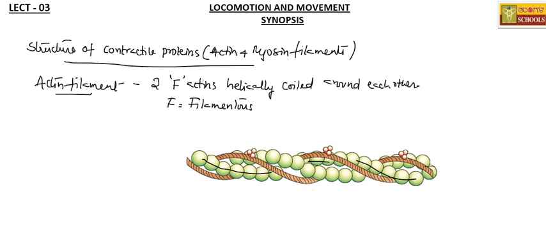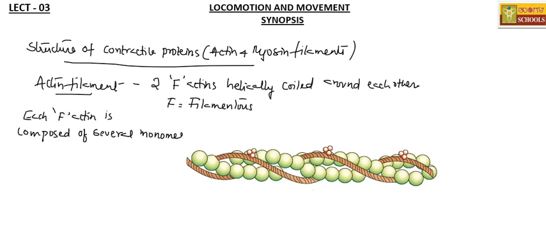Now each of these F actins is composed of monomeric units called G actins. So each F actin is composed of several monomeric G units.